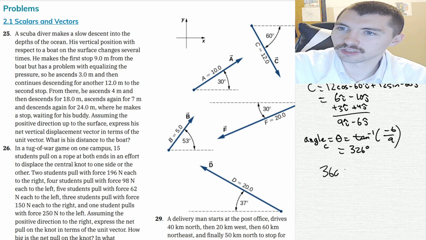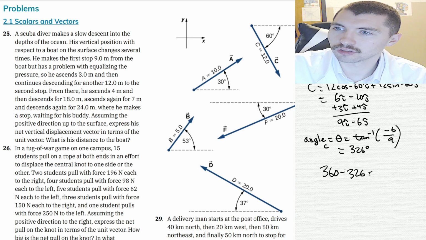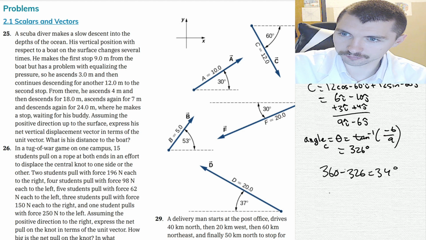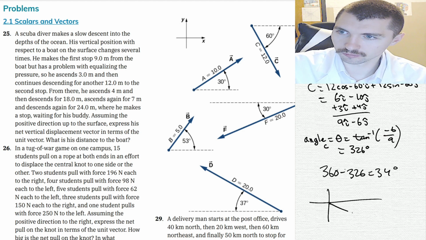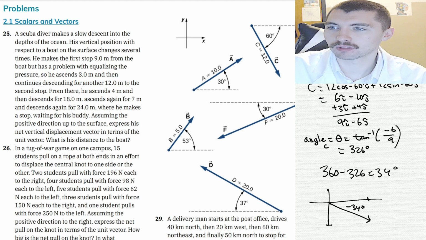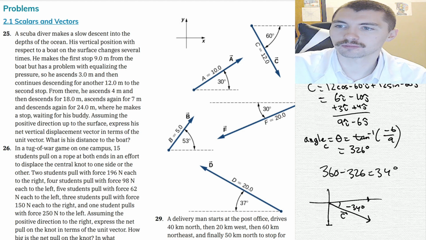So we take 360 minus 326 equals 34 degrees. So C is going to be negative 34 degrees. It's going to have 9i and negative 6j. So this is C.